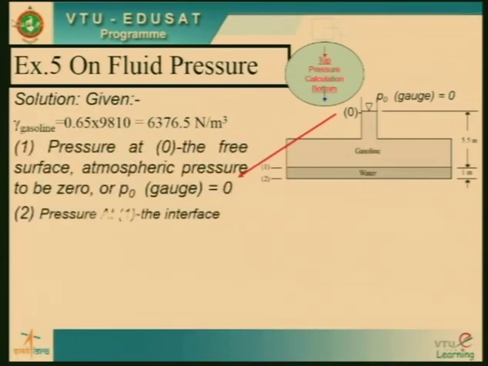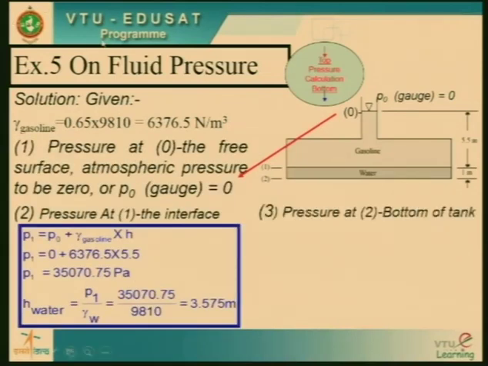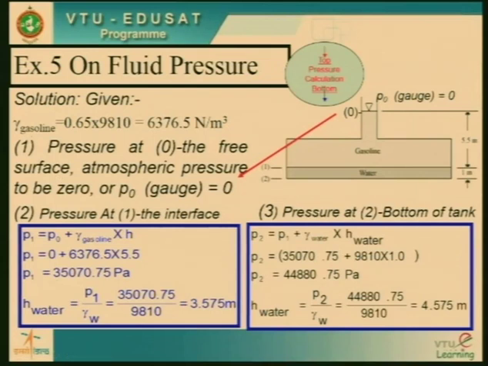So, if you see the answer, we have taken H water equal to P1 by gamma W, which is 3.575 meter of water. For P2 also, the intensity of pressure is 44,880, divided by gamma W, the specific weight of the water, we get 4.575.